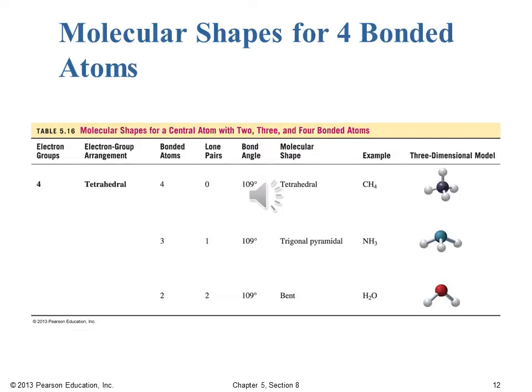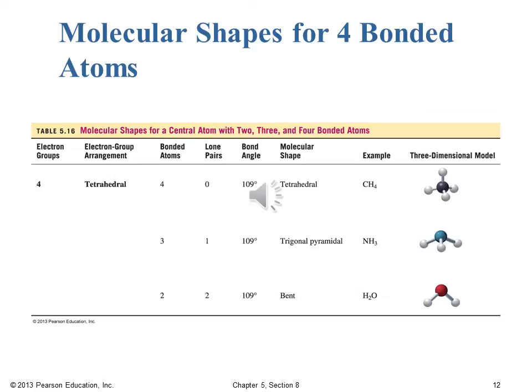As we move up to now 4 bonded atoms, again, the electron group arrangement would be tetrahedral in all cases here, but as the number of lone pairs increases from 0 to 1 to 2, or even to 3, if you think of, say, an HF molecule or HBr, you'd have 3 lone pair groups and 1 bonding group.